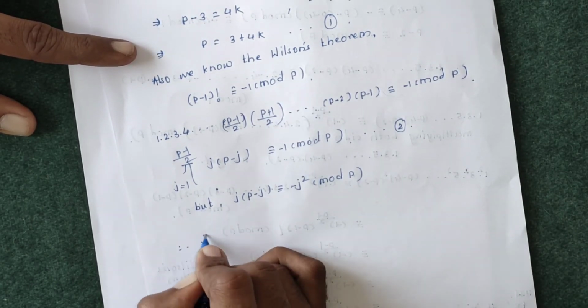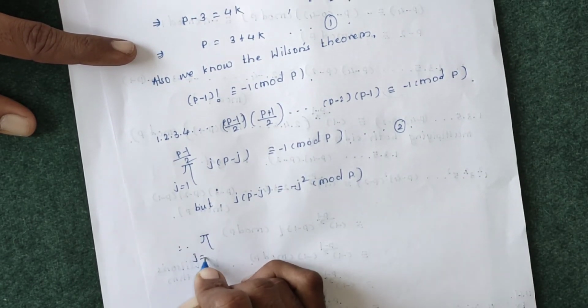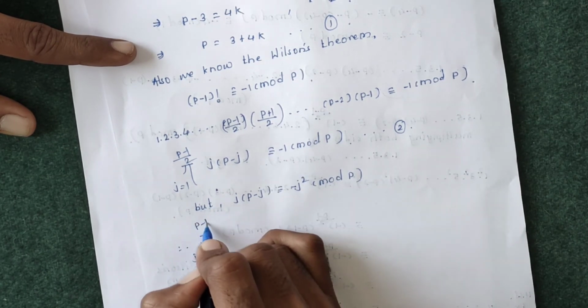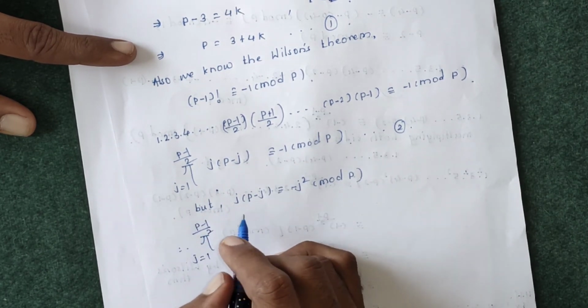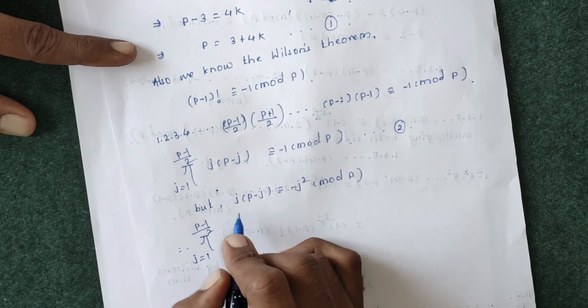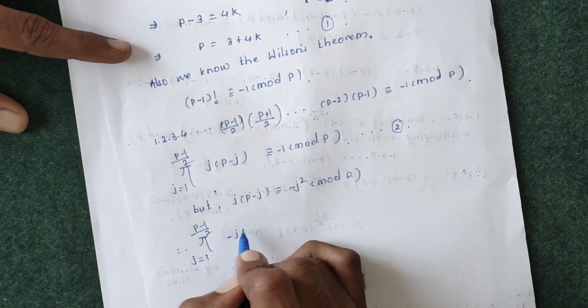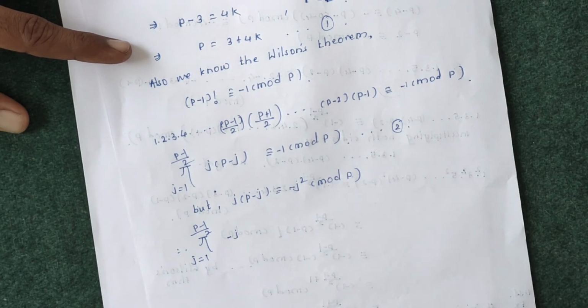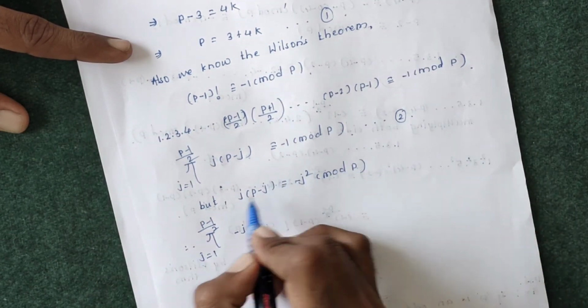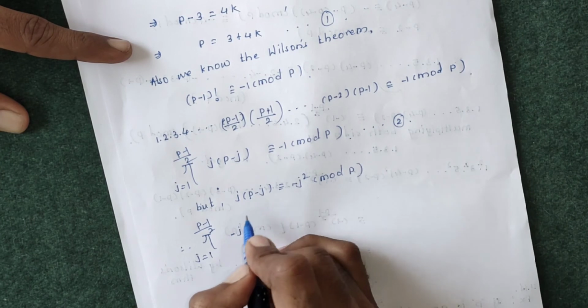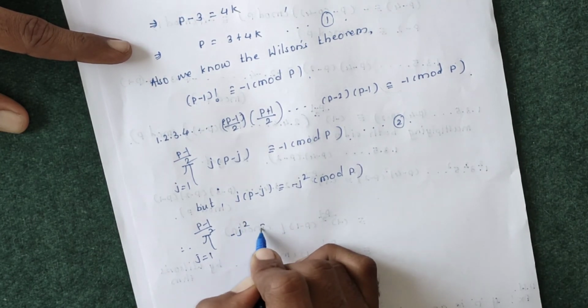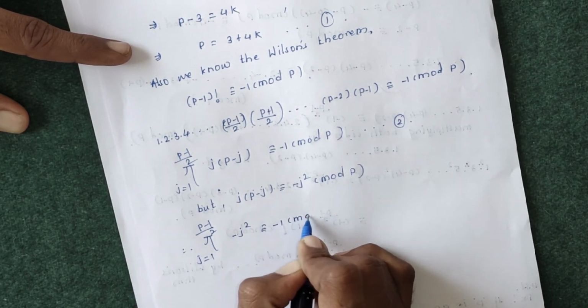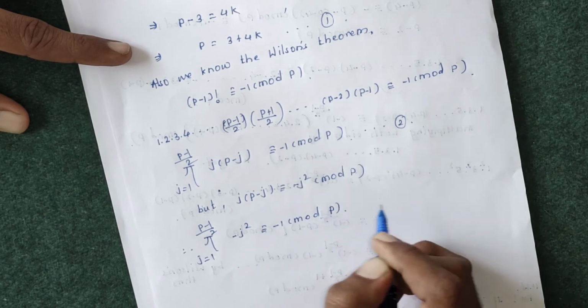Therefore, we get the product over j from 1 to (p minus 1)/2 of minus j square, which is congruent to minus 1 mod p.